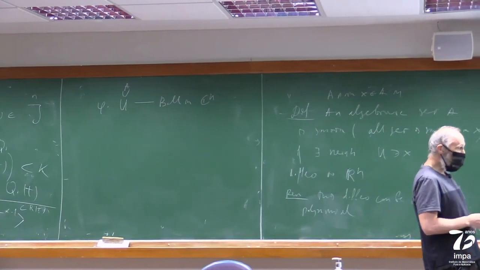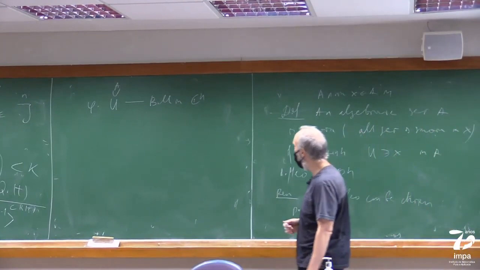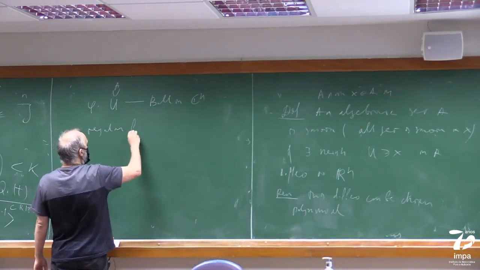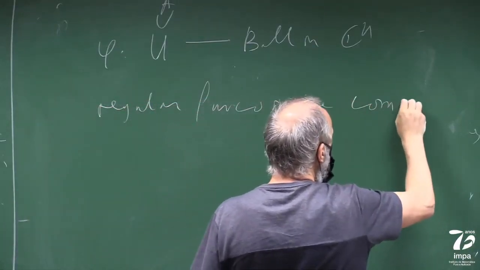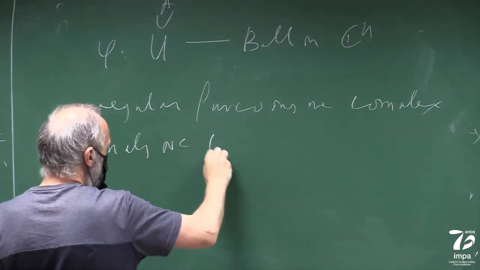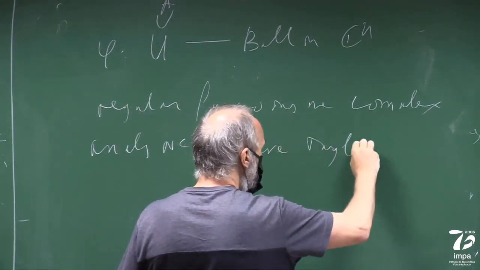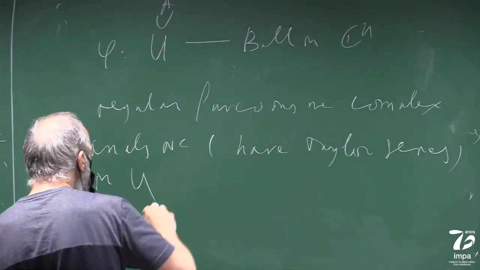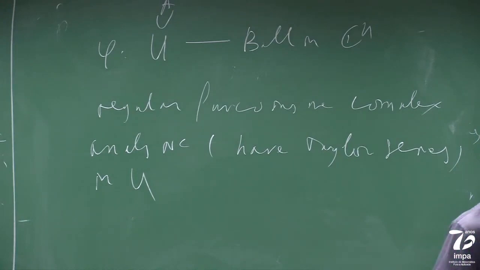All complex differentiable functions are analytic. They have a Taylor series. So regular functions are complex analytic, that is, have Taylor series in U. This is again a geometric approach to algebraic geometry.